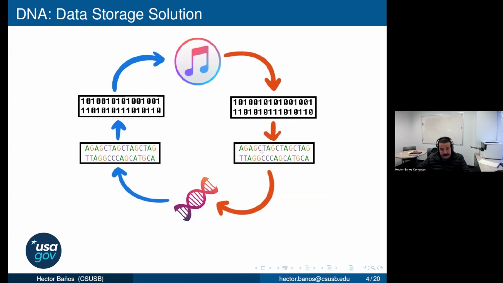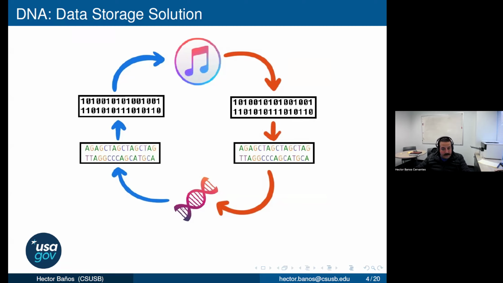Then a machine can synthetically build a DNA encoding that sequence with the nucleotides, and then you can store that DNA sequence.